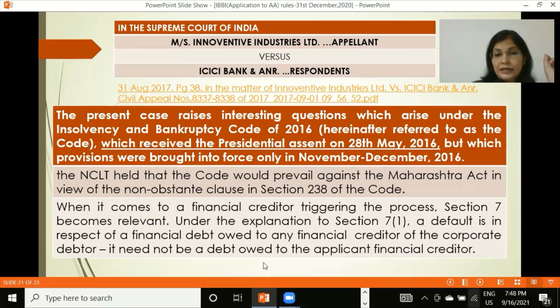It need not be a debt owed to the applicant financial creditor. SBI can also make it, ICICI can also make it, Axis Bank can also make it, PNB can also make it, or they can make it jointly also. HDFC is eligible and all are eligible, because the perception is that if it has made default in the loan of one particular bank, it can also make default in the loans of other banks and financial institutions.